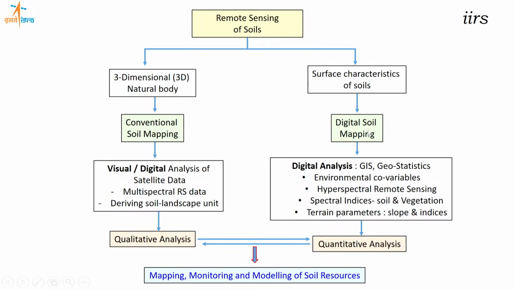So you can say that digital soil mapping is a quantitative analysis, but conventional soil mapping is a qualitative analysis. One day our lecture will be on conventional soil mapping, and at the end I will tell you about digital soil mapping as well.